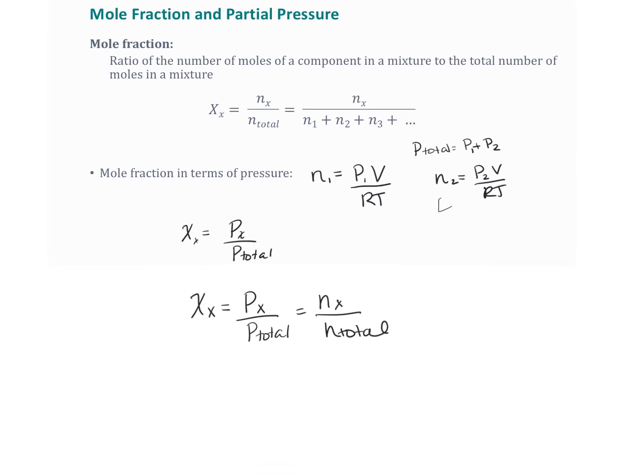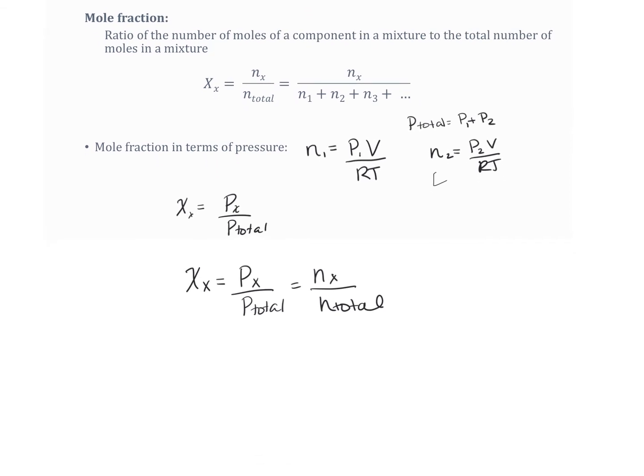So we can rearrange this to say the pressure of X number of moles equals the mole fraction of X times the pressure total.